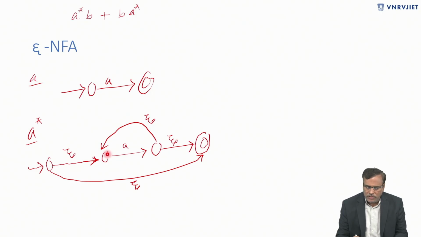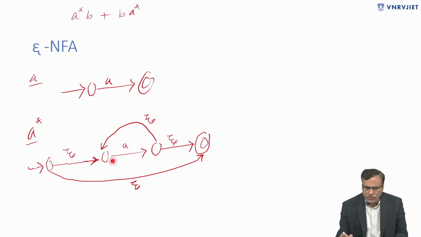If you have more A's, it is going to get repeated. On entering the last A, you come to the final state. In this way, all possible strings of this closure are going to get accepted.